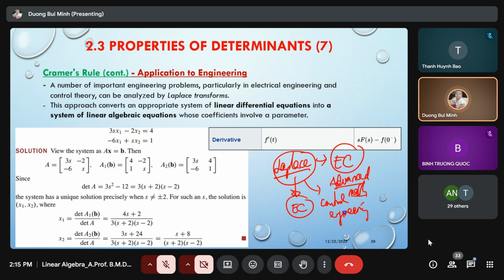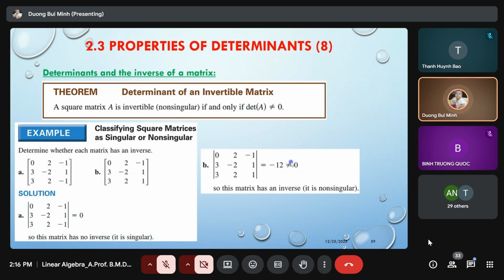Up to now, you can study for yourself what a Laplace transform is. You can use ChatGPT or another AI platform, or just type what the application of Laplace is, and they will tell you.